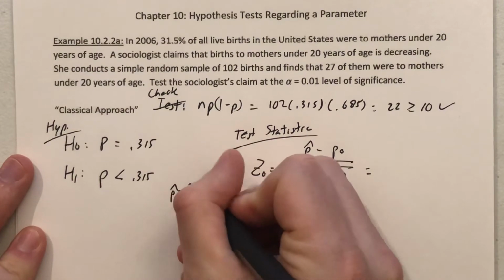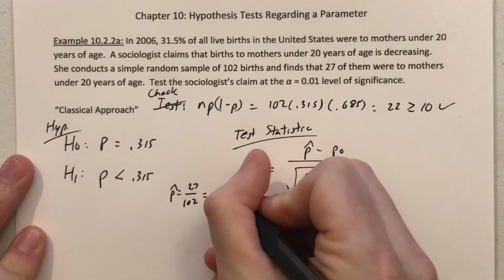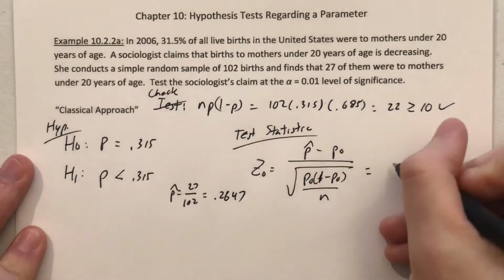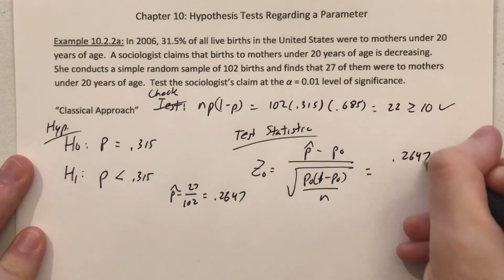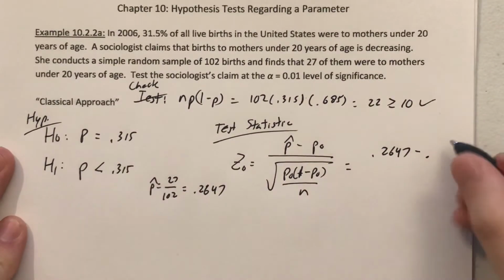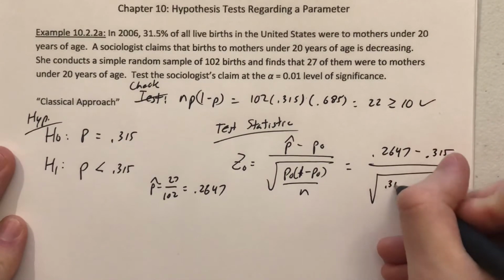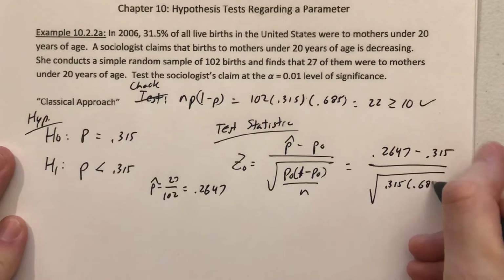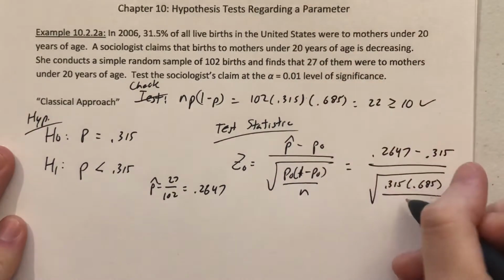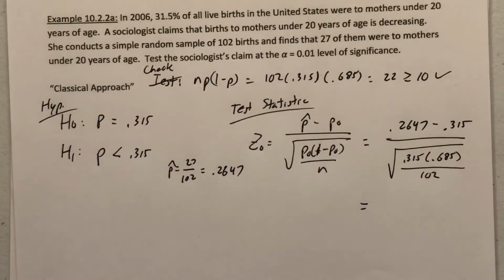So p hat of 27 out of 102 is 0.2647. p naught is the currently believed value of 0.315. And again, sample size is 102. So let's see what we get there for a test statistic.